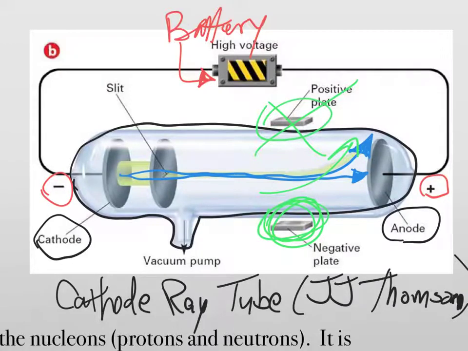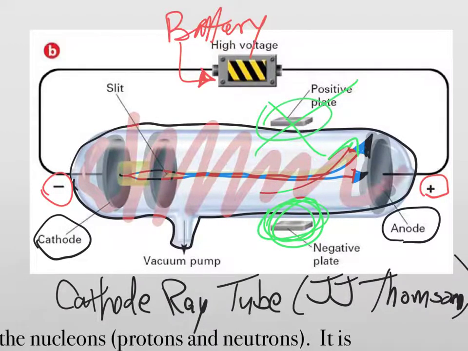He also noticed that it didn't matter what the electrodes were made out of. He noticed it didn't matter what gas was inside of the cathode ray tube. The gas and the electrodes were insignificant to what was happening, as far as whether these beams were formed, or whether they deflected at different rates or different magnitudes.